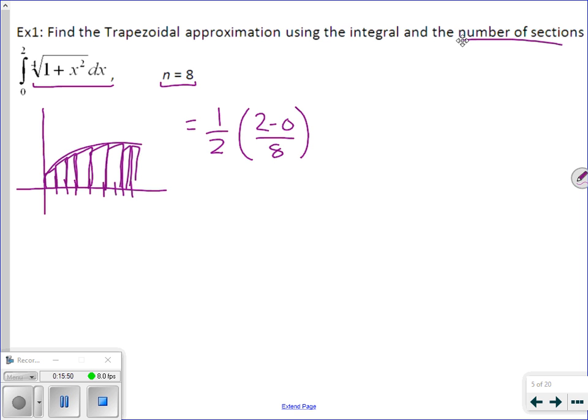Okay. And then it's going to be f of 0. There's only one of those. That's the starting point, at 0, plus. Now, if I were to go a distance of each height, that's a distance of 1/4 each time. That's how far we need to go for each length, because this is equal to 1/4.